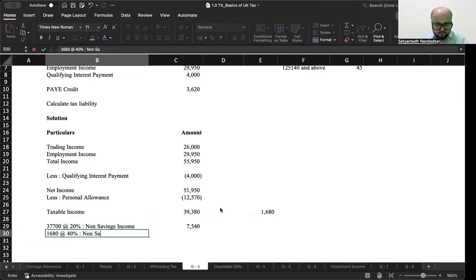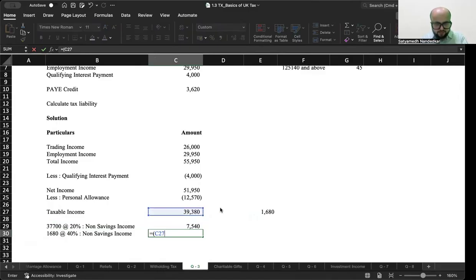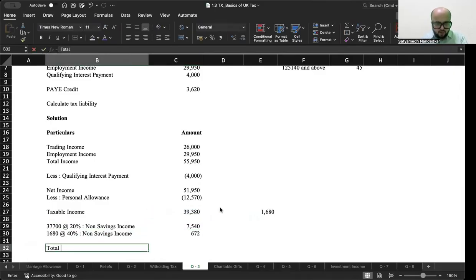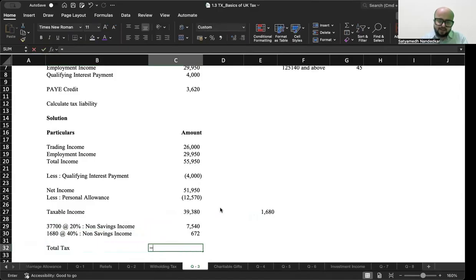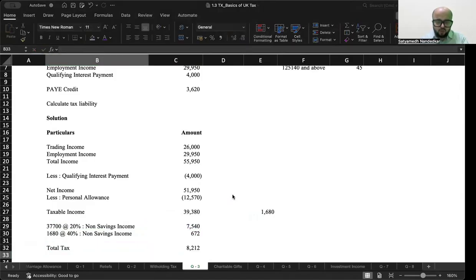This is non-savings income. How much is the amount of tax liability on this? 1,680 into 40%. So total tax is 7,540 plus 672, which is 8,212.